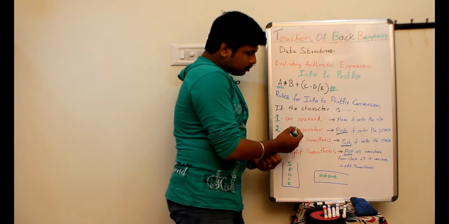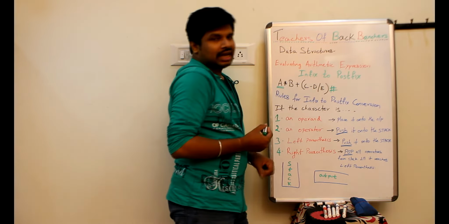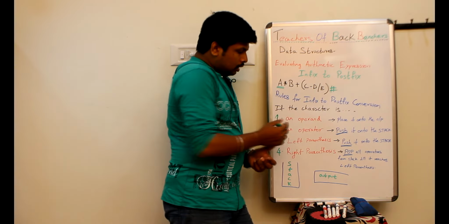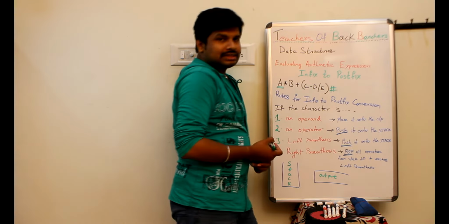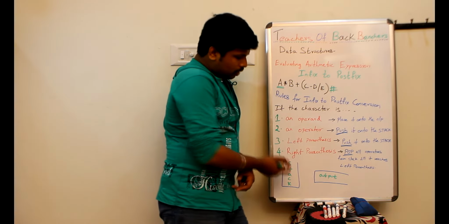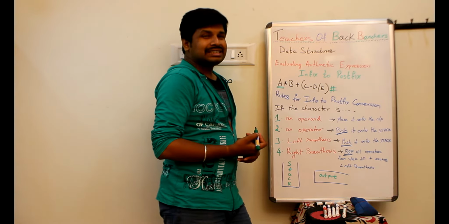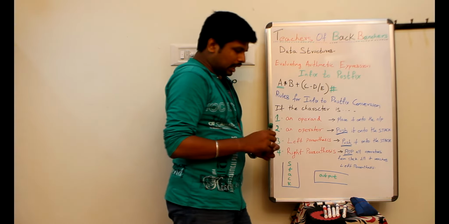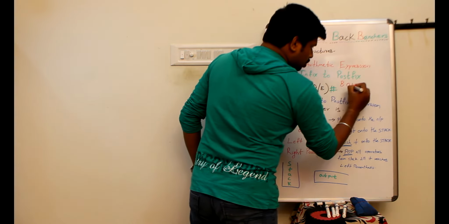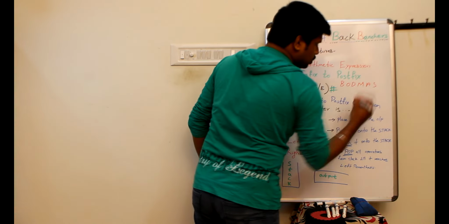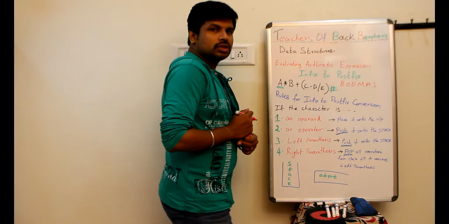Then, if it is an operator, what is an operator? Asterisk, plus, minus and slash. Now there is a tricky condition for this one. If it is an operator, we are going to push it into the stack. Now these operators have priority levels, as we have seen in the BODMAS rule.